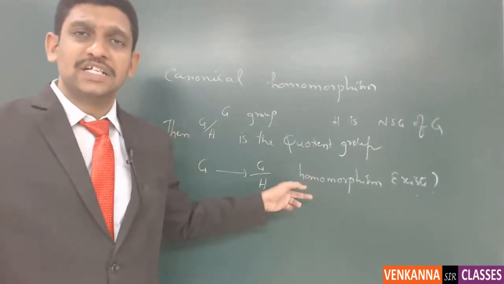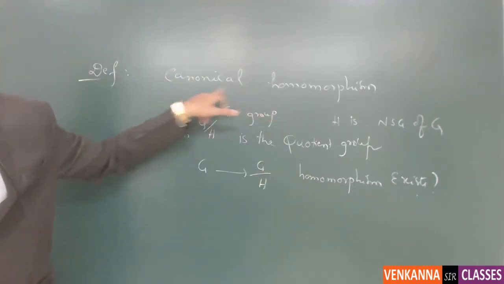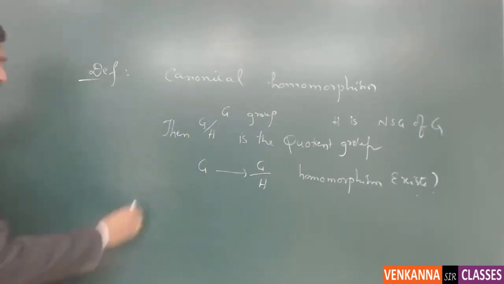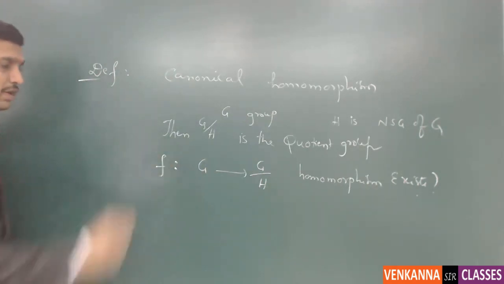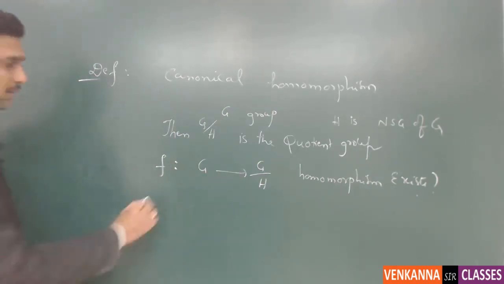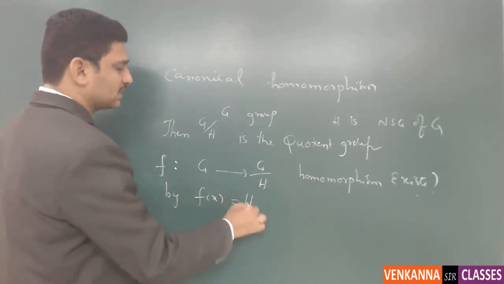If it exists, then we call it the canonical homomorphism. The definition is very simple. You define the function f from G to G by H by f of x is equal to Hx.